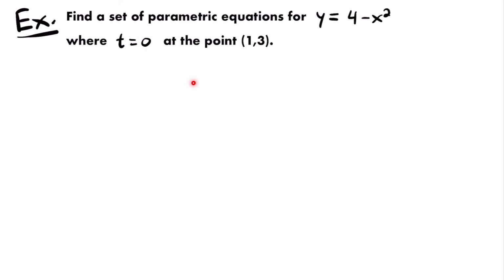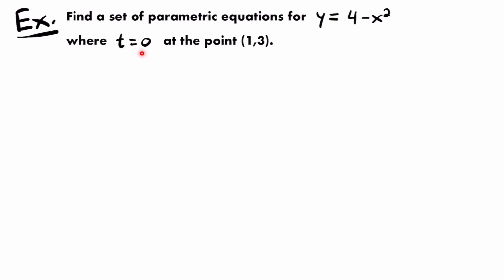All right, so here's our next example. This time we want to find a set of parametric equations for y is equal to 4 minus x squared, where t equals 0 at the point 1, 3. Now this initially seems pretty complicated, but it's actually not as difficult as it seems. Since we're told that t equals 0 at the point 1, 3, and we're already told what y is equal to in terms of x, what we want to do is determine what x would be equal to in terms of t.